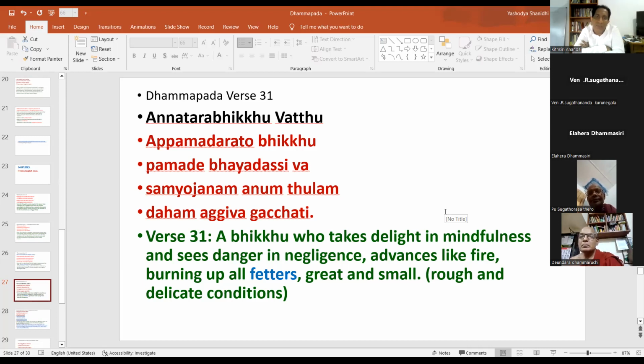Generally, those fetters, Sanyojana, can be grouped into two areas. Anu and thula. All the conditions, mental constructions that give us suffering are thula, rough mental constructions. And Anu, the fetters that give us some comforts.